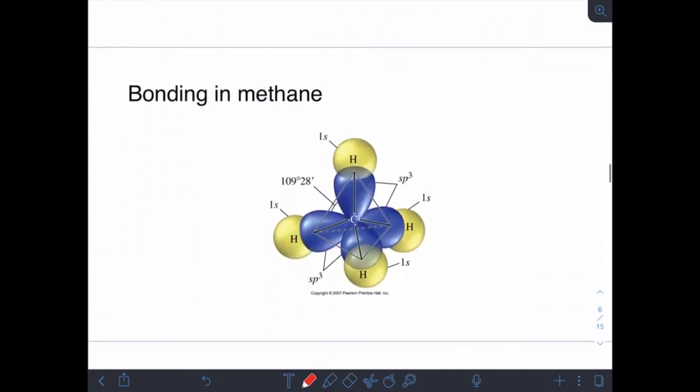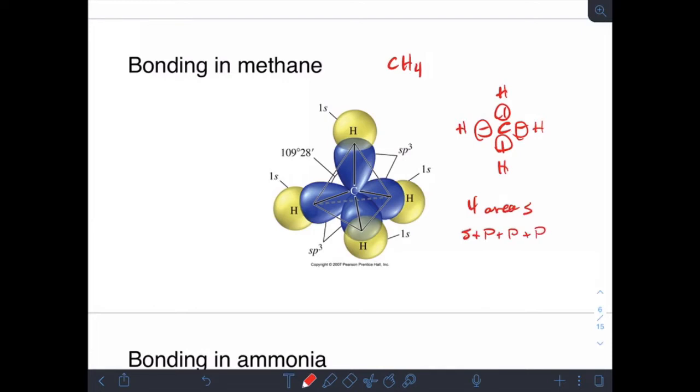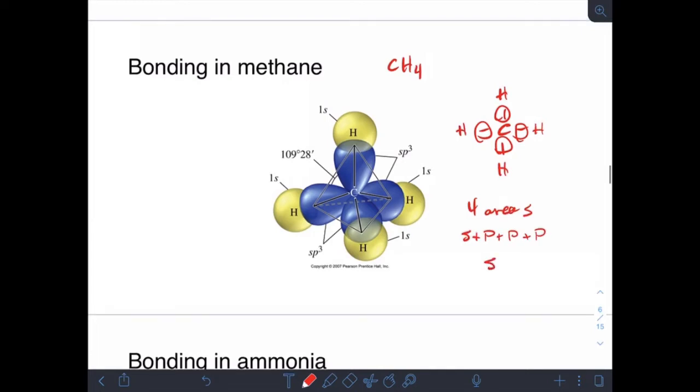Taking a look at how that plays out, methane is our CH4, and if I were to draw a Lewis structure for CH4, it would come out like this. To know the hybridization, we say there are 1, 2, 3, 4 areas: s, p, p, p. 4 things means sp3 hybrid for that carbon.